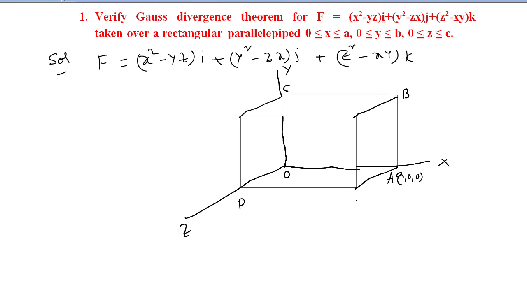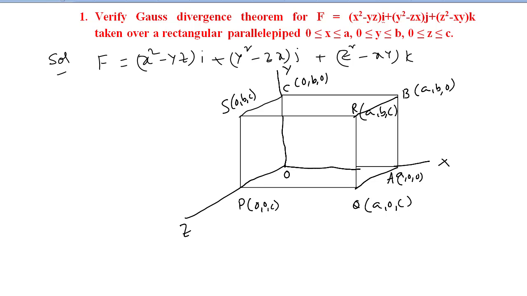Similar problem is discussed in surface integrals. Now, C is a point on the y-axis, 0, B, 0. P is a point on the z-axis, 0, 0, C. B is a point in the xy plane, A, B, 0. S is a point in the yz plane, 0, B, C. Q is a point in the xz plane, A, 0, C. Now R is A, B, C. So this is the rectangular parallelepiped.